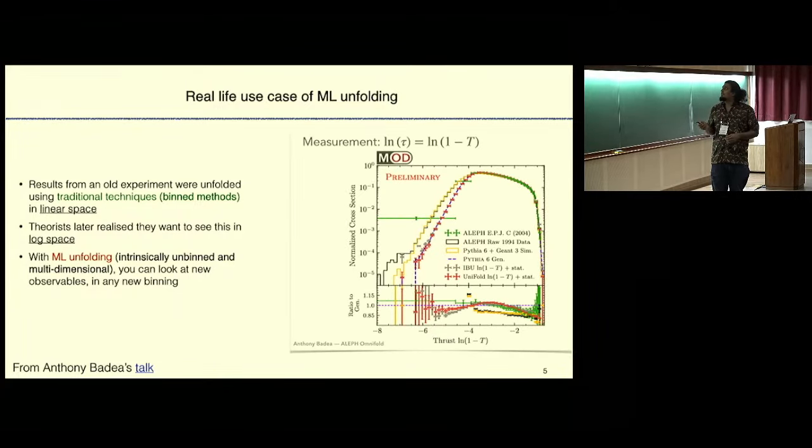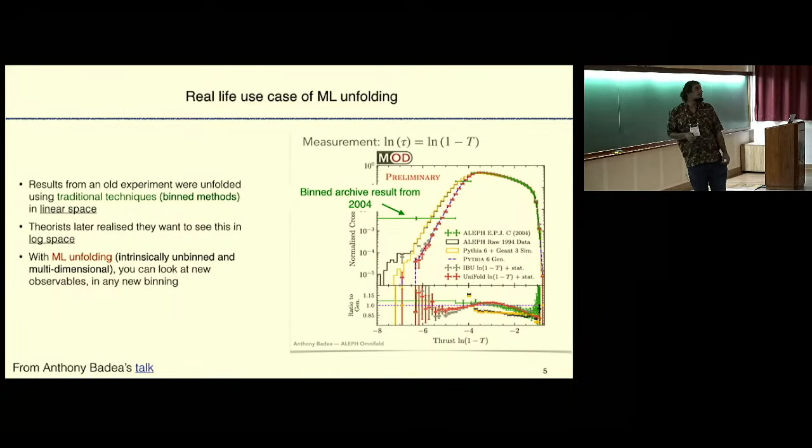This is the result from ALEPH, and I think the green is the original unfolding. If you turn it into log space, suddenly the first bin becomes huge, and everything else is over here. But this is where the interesting physics is happening, and all of that is lost in the single bin.